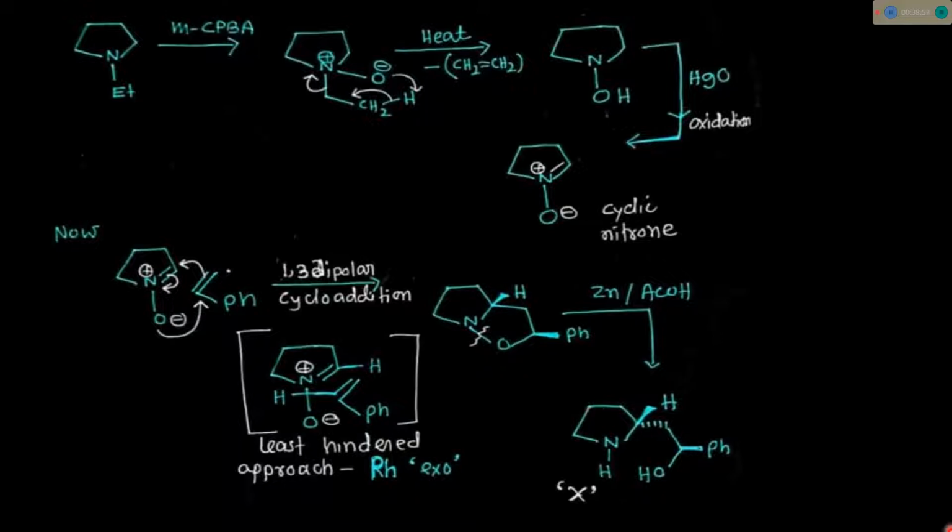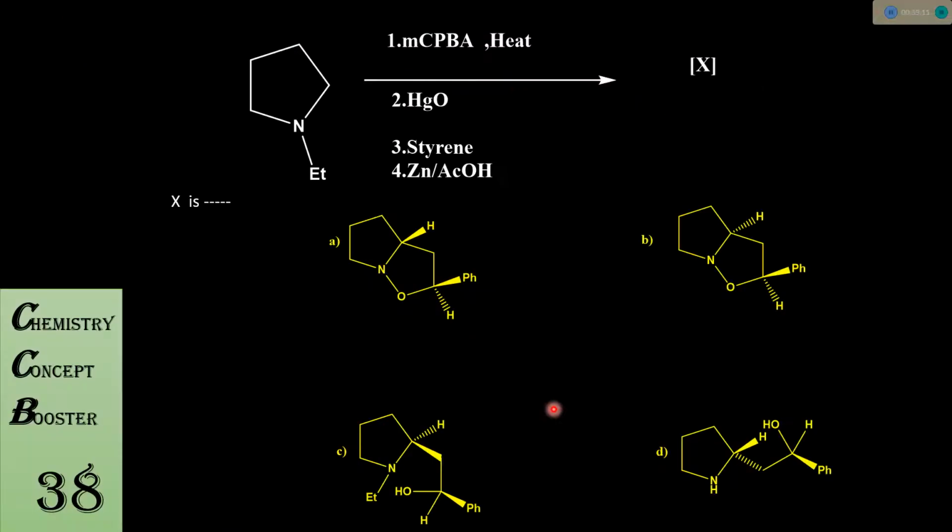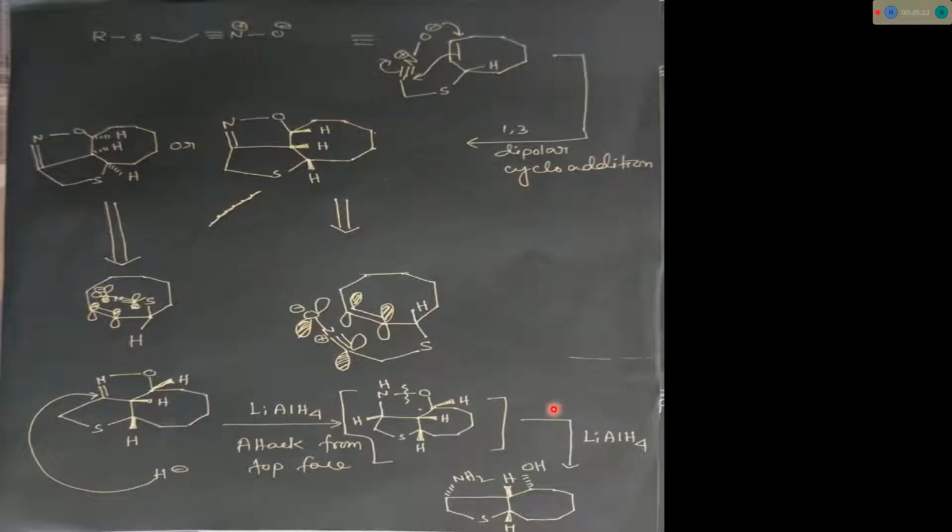And next we are using zinc and acetic acid to break this N-O bond. After breaking, this becomes NH and this becomes OH. If you remember the last question, we used lithium aluminum hydride for N-O bond breaking. They used lithium aluminum hydride in that case to perform two reactions.